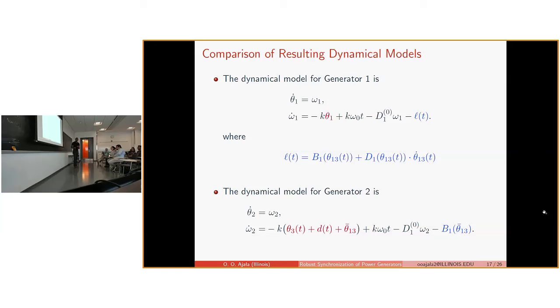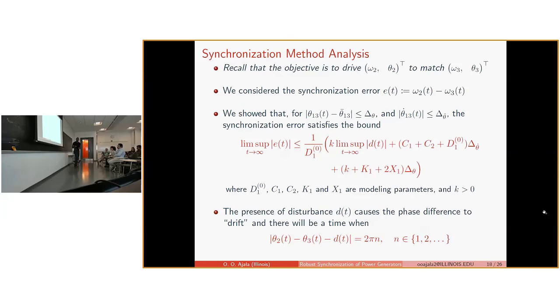And likewise here, L of t has the following value. In steady state, this is 0, and L of t is simply this. And so that choice of control input makes generator 2 mimic generator 1. And so if you recall this objective to drive the frequency and angle of the generator to that of the bus, we consider the synchronization error.